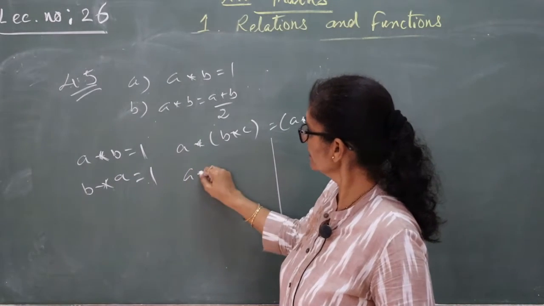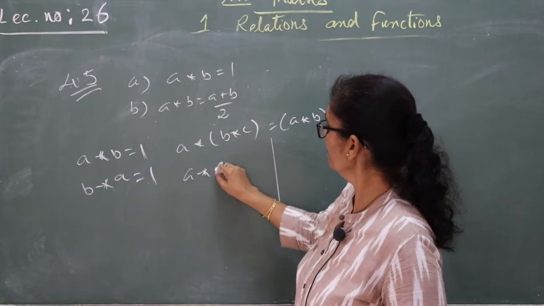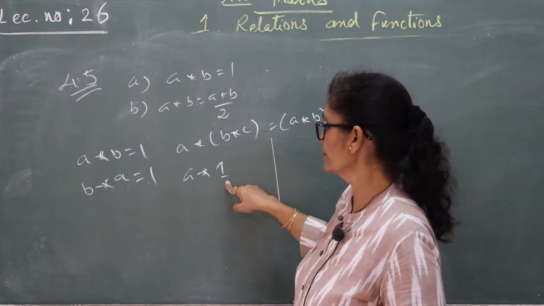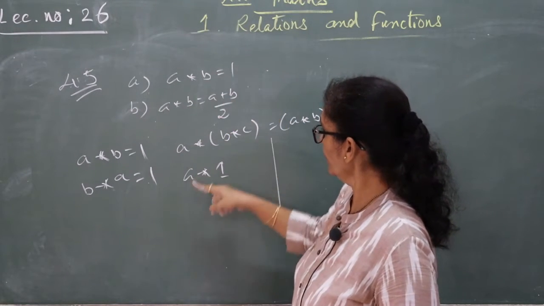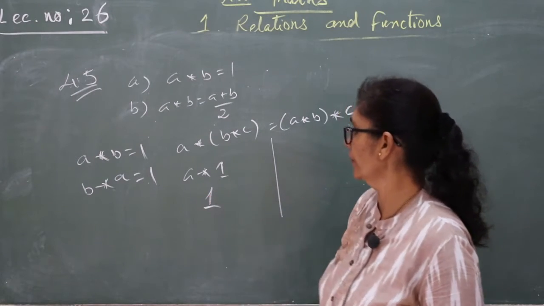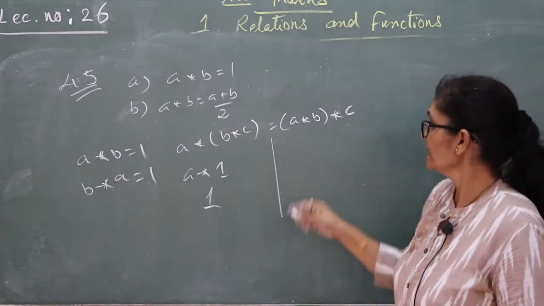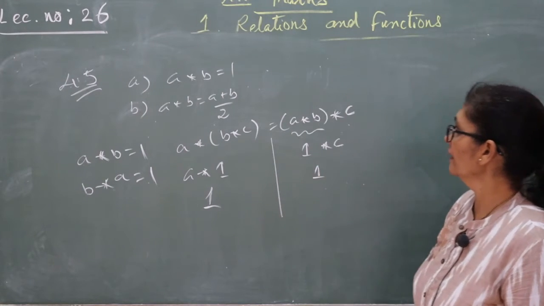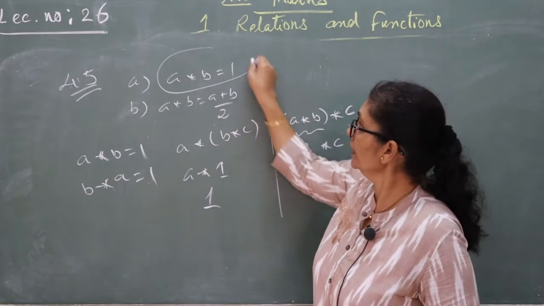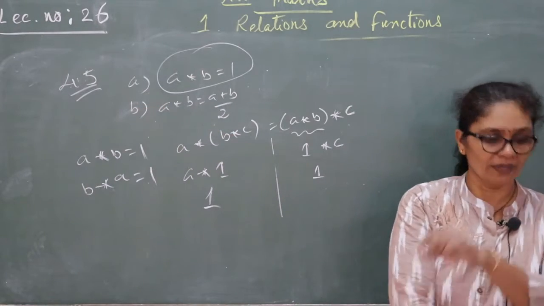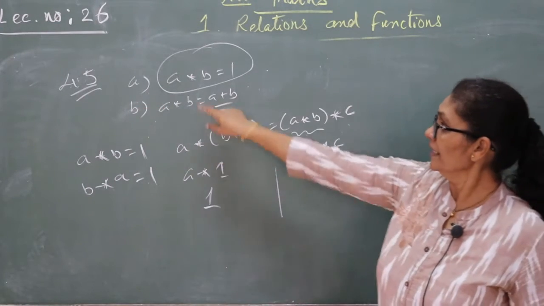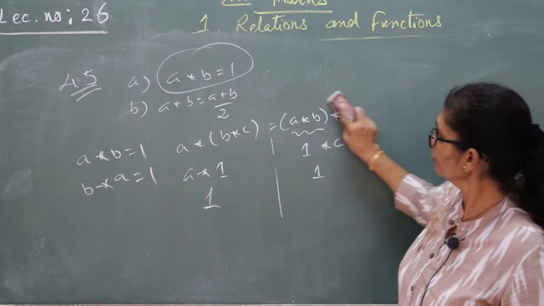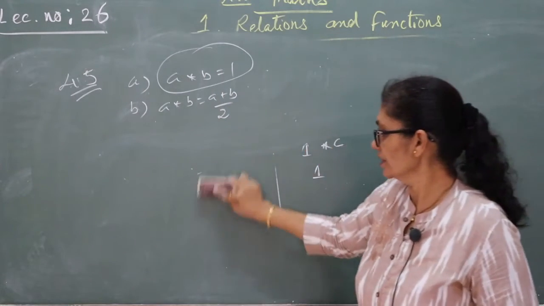Let's start with A asterisk (B asterisk C). B asterisk C will be 1, so A asterisk 1 is also 1. So the first part is true. Similarly, here also you take A asterisk B equal to 1, then 1 with C. It is again 1, because the binary operation only says that whichever two numbers you consider, the result will be 1. So here commutative is proved and associative also.